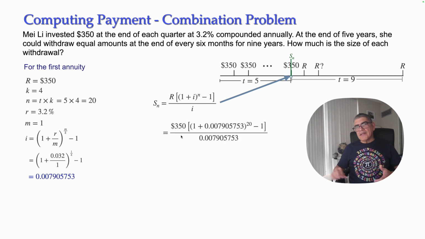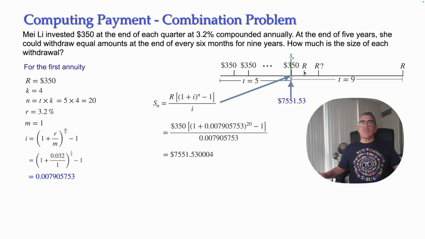When you make this computation in your calculator, you will notice that the value will be 7,551.53. So this is the amount that Mrs. Li had at that point, 7,551.53. And we want to know then what will be the value of this payment.